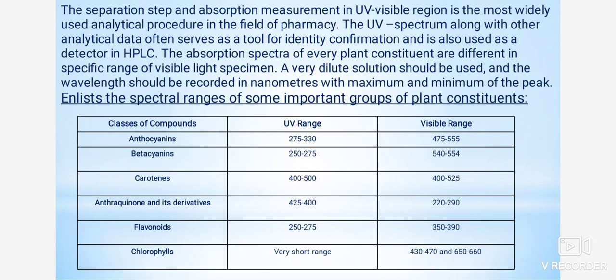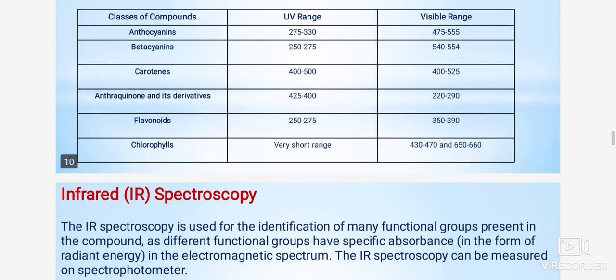These are the spectral ranges of some important groups of plant constituents: anthocyanins, betacyanins, carotenoids, anthraquinones and their derivatives, flavonoids, and chlorophylls. These are the UV range and visible range.